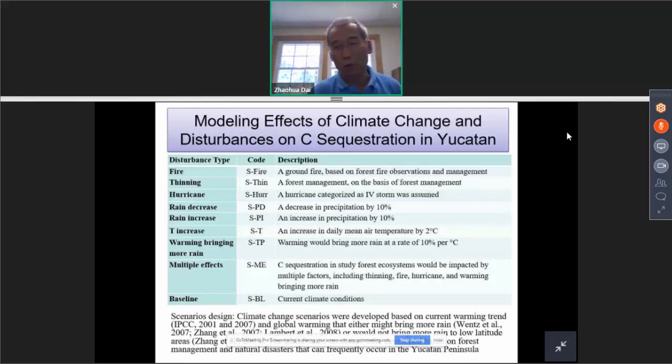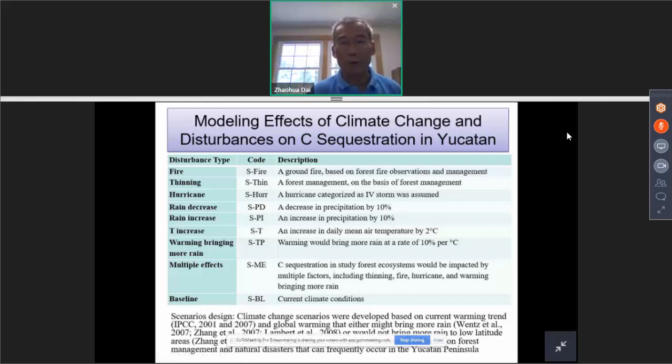We assumed, not exactly from data, the disturbances: fire, but only ground fire, not canopy fire, because I believe it is very difficult to have canopy fire in this area.